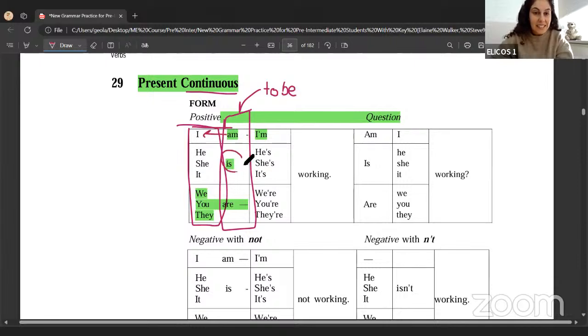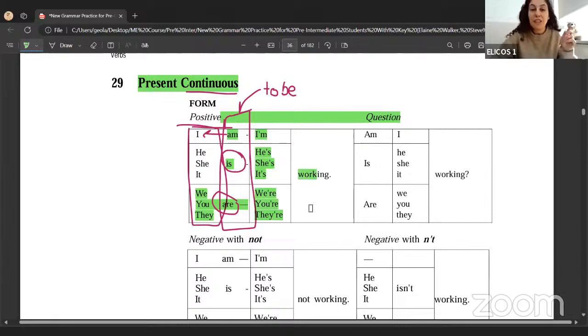If it's is, that's for he, she, it. But if we're we, you, or they, because it's plural, we say are. And then you can also connect the subject and the verb to be. So it can be I'm, he's, she's, it's, we're, you're, they're. And you have the verb.